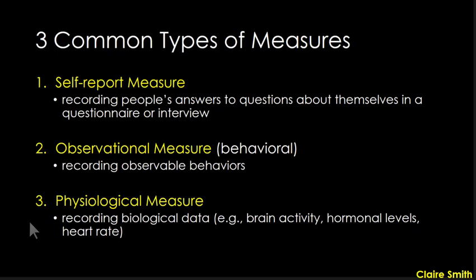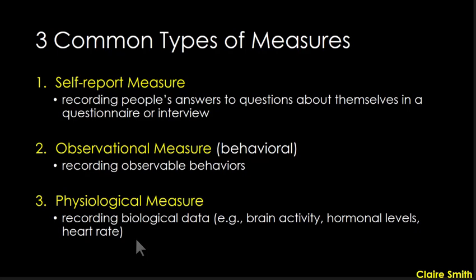This could be something like brain activity, so doing an EEG or an fMRI, recording different levels of activity in different areas of the brain when the participant is watching something. You can measure hormonal levels, heart rate, right? So physiological things, bodily things, that you're not just seeing happen, but that you're actually using some sort of tool to measure, okay? So those are the three different types of measures.